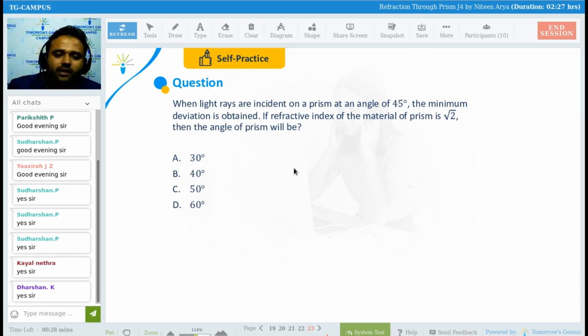Easy one. Okay, next one: when light rays are incident on a prism at an angle of incidence, the minimum deviation is obtained. If the refractive index of the material of the prism is root 2, then the angle of prism will be? You need to find the angle of prism. Very easy.